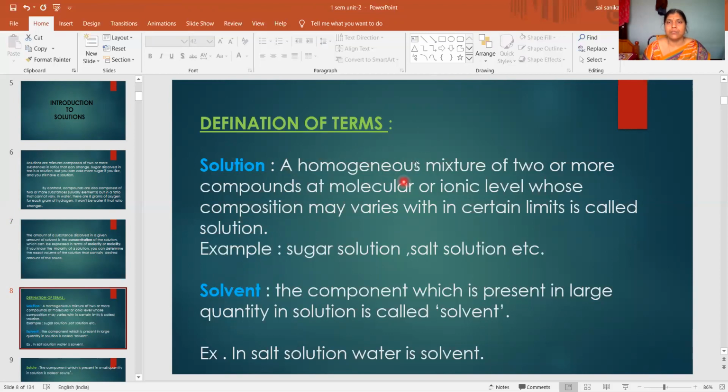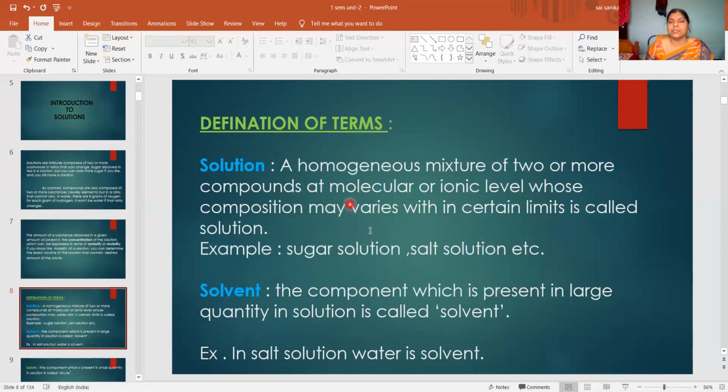That means it is a uniform mixture from top to bottom. It is a mixture of two or more compounds at molecular or ionic level, that means they will be present in ionic form or molecular form, whose composition may vary. The solute and solvent composition may be 50 percent each, or 10 plus 90 percent, or 20 plus 80 percent.